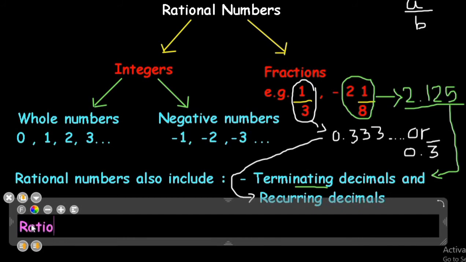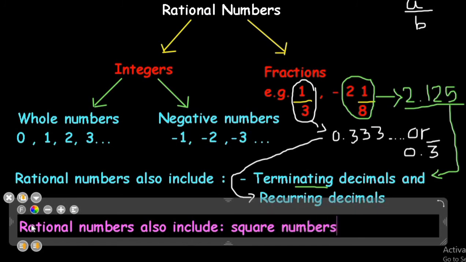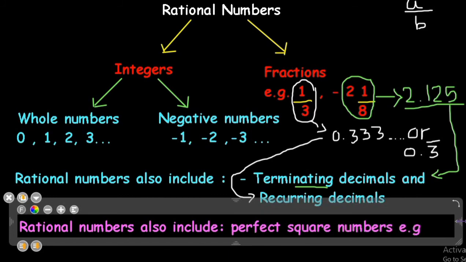Now rational numbers also include perfect square numbers as well. Alright, the perfect square numbers are included in rational numbers. Let's take an example. For example, 25 is a perfect square.